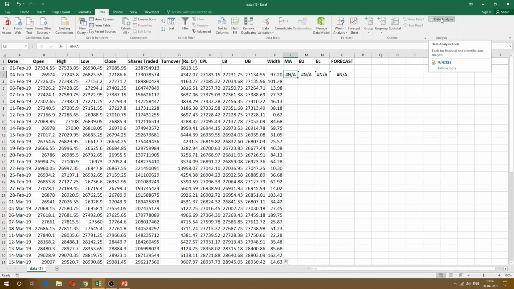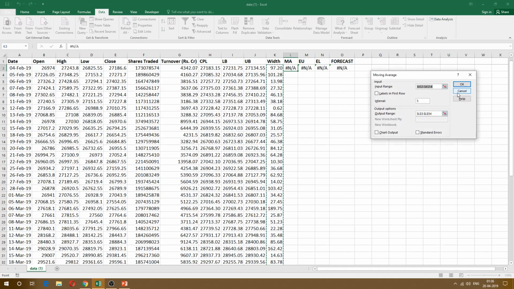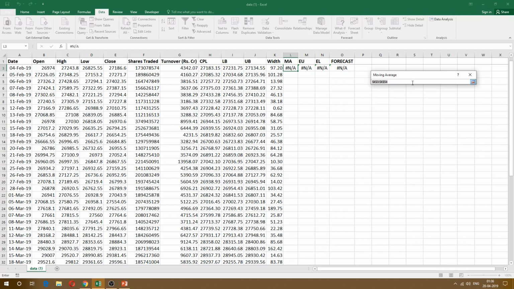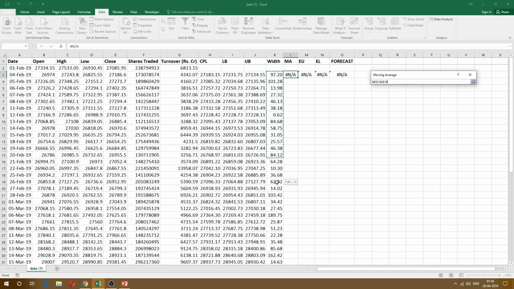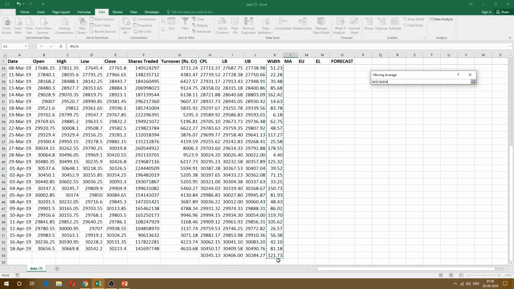Once this is unlocked, all you have to do is click here once, find Moving Average, click OK. In input range, select this, click this button, and this will pop out. Now scroll from top to bottom, you have to click and drag. Once you have selected this K3 to K54, it is done.